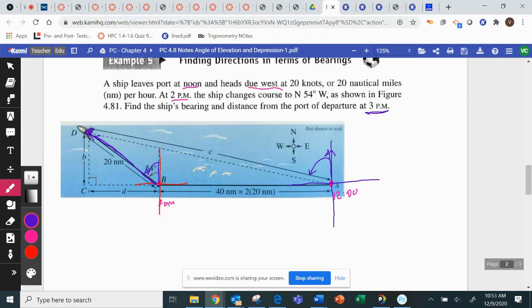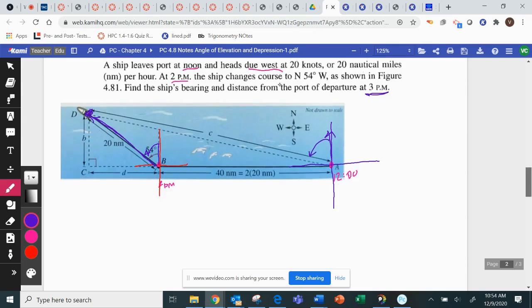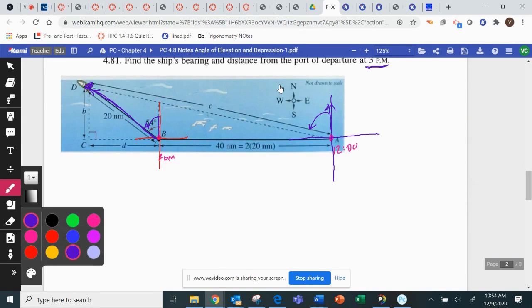Okay, so now we have some triangles in here. And I've written all over this, so now I'm trying to find this angle right here. I'm going to find that angle right there.